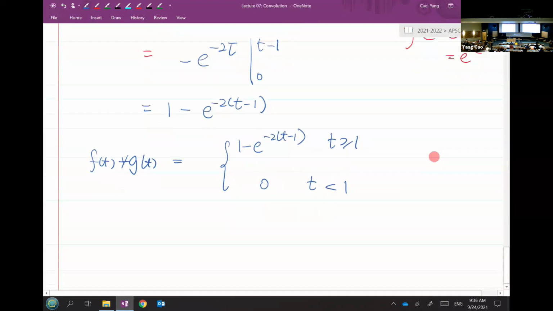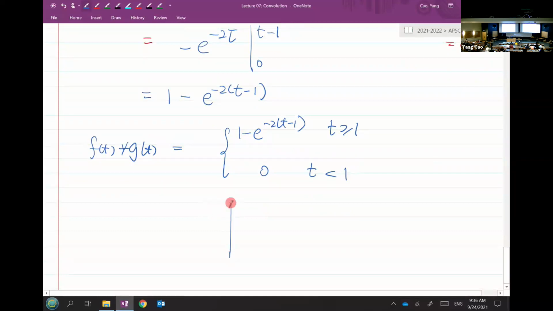But of course, if you're interested, you could graph this out just to take a look at what this piecewise function looks like. Again, this is an exponential function. As t goes to 0, you end up with 0. So the whole function will end up with 1. I actually start from 1 here.